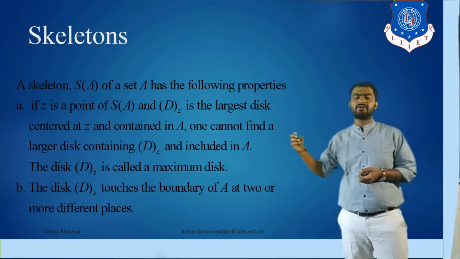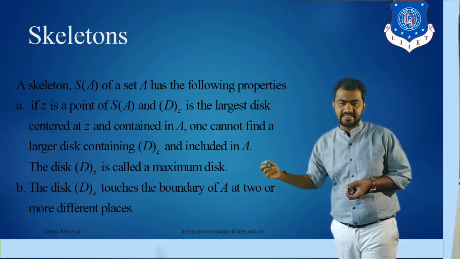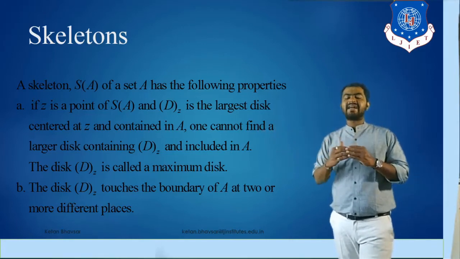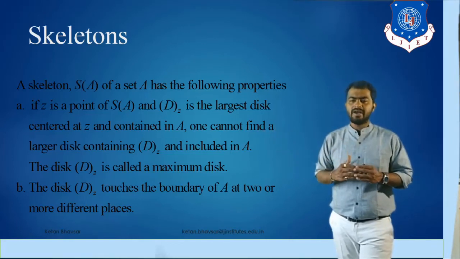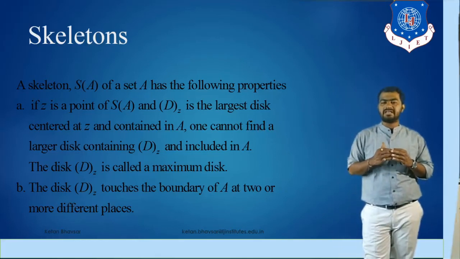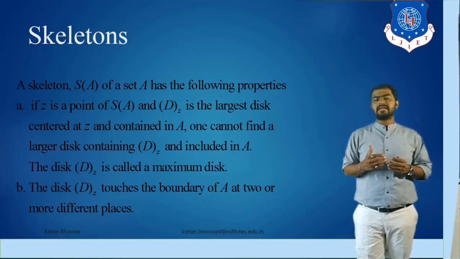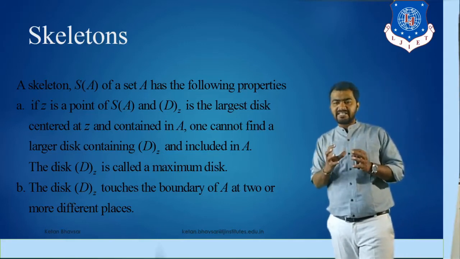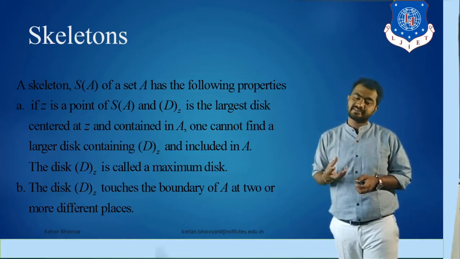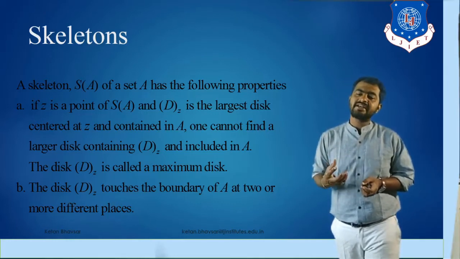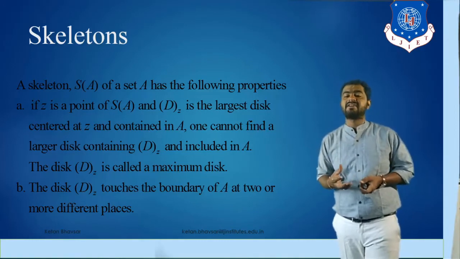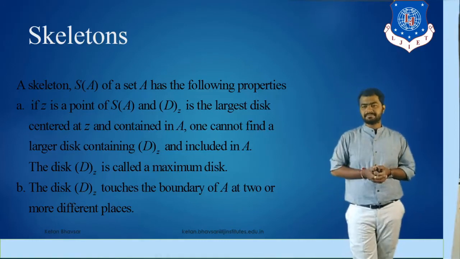If Z is a point of S of A and D is the largest disk centered at Z and contained in A, one cannot find a larger disk containing D of Z in A. So there are two different places where you get the meaningful content, and we have to extract the meaningful data from the disk. If you extract the meaningful content from the disk, then you will definitely get the meaningful content.